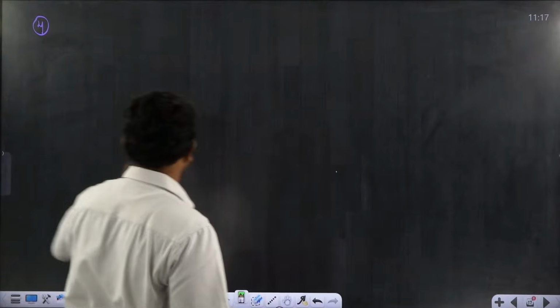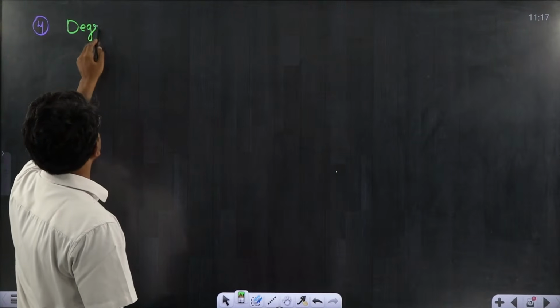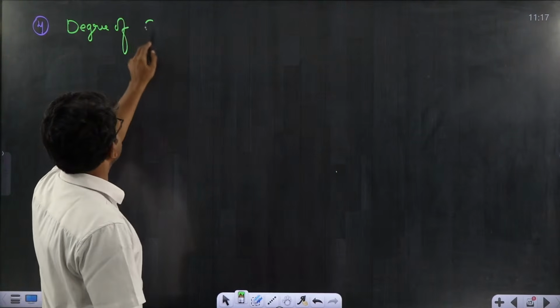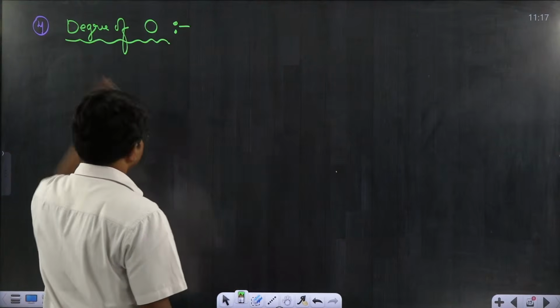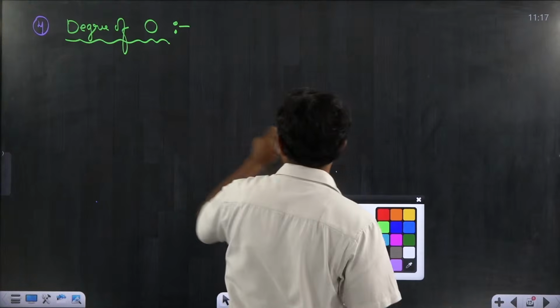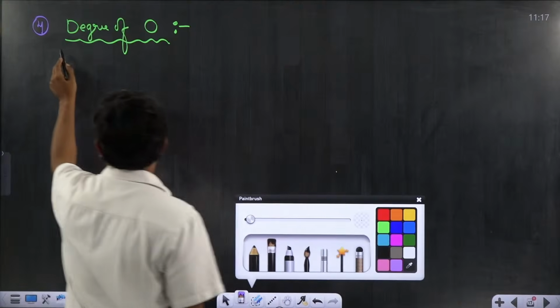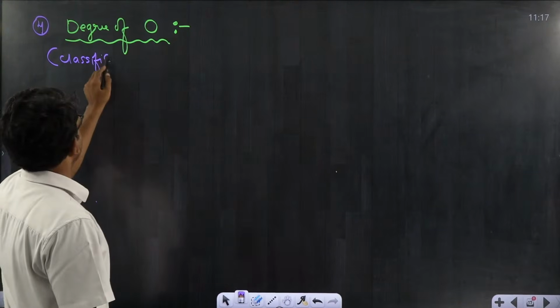Now, next we have the classification of alcohols. I'll write this topic under degree of oxygen. Whenever we are talking about degree of oxygen, it is nothing but classification of alcohols.